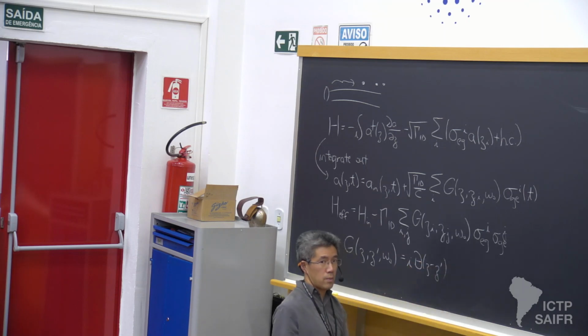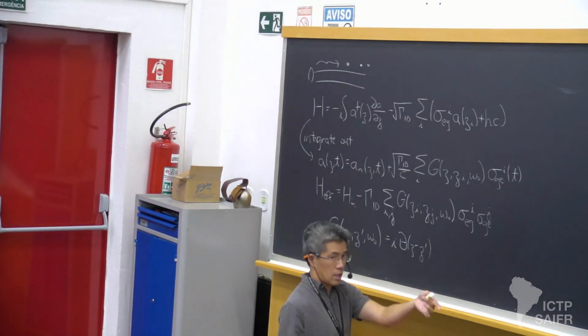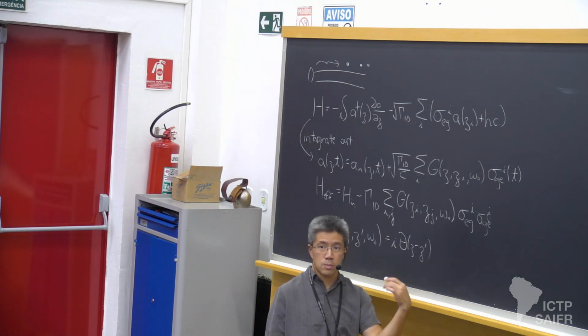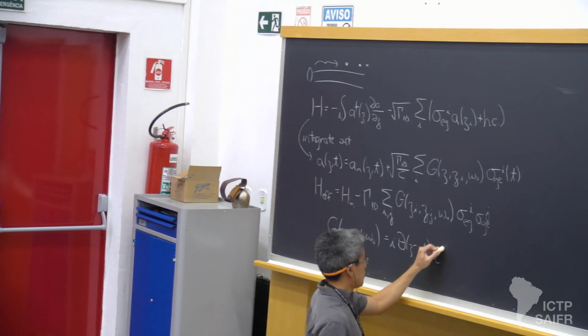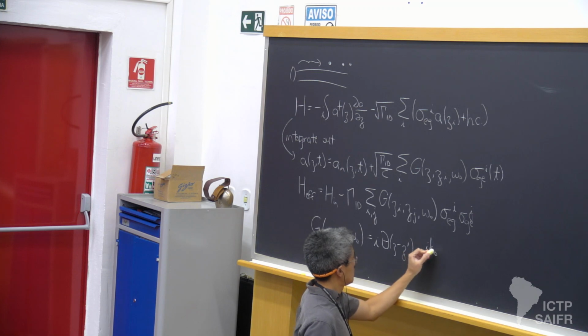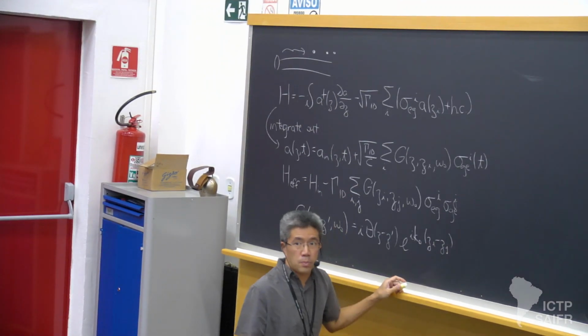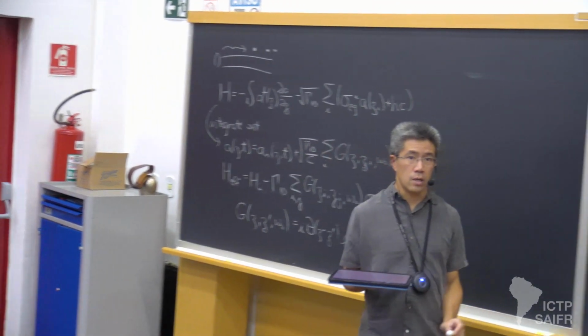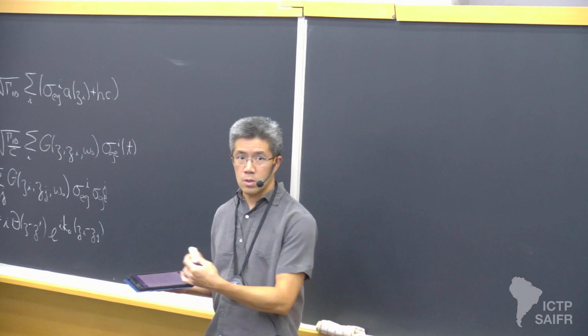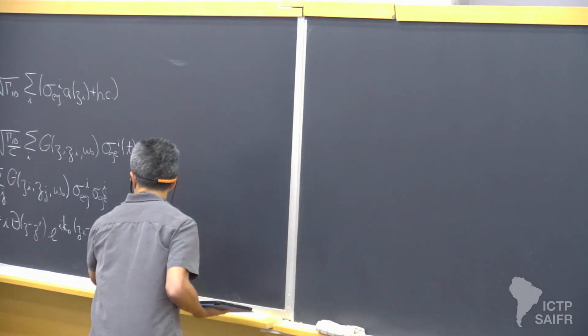Because fields only propagate to the right. An atom to the right can see an atom on the left, but not vice versa. And then in 1D, you also pick up a propagation phase of e to the i k naught d, where d is the distance of propagation.